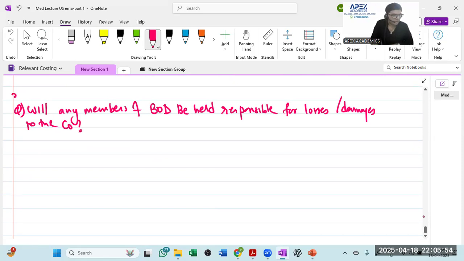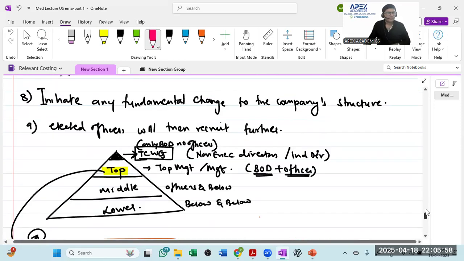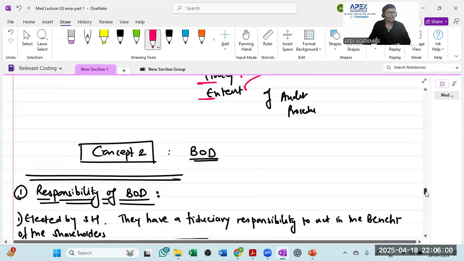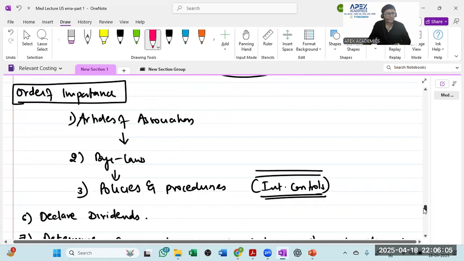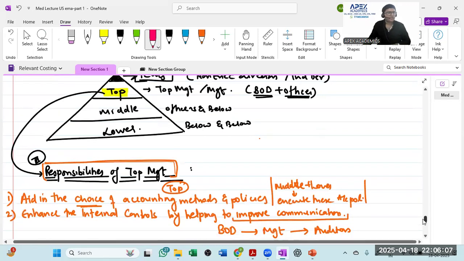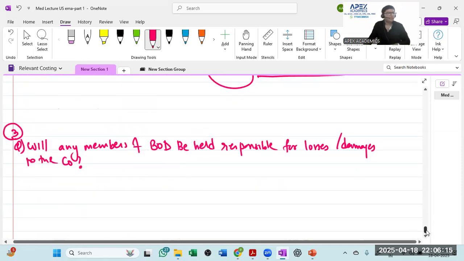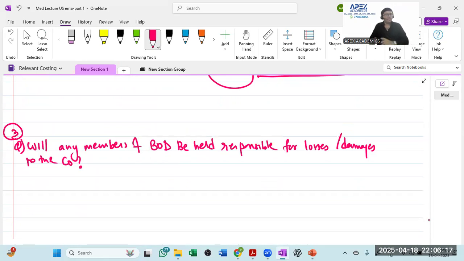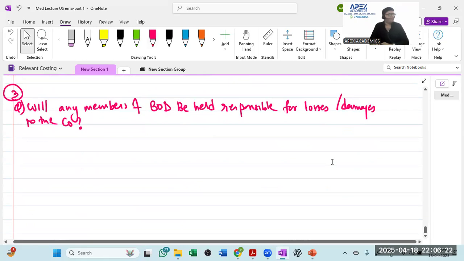Sir, that's your third concept in board of directors. Sir, look please, in board of directors, your first concept was what? Responsibility of board. Sir, your second concept was what? Responsibility of top management. Agreed? Sir, your third concept is what? This is your third concept. Will any members of the board of directors be held responsible for losses or damages to the company?